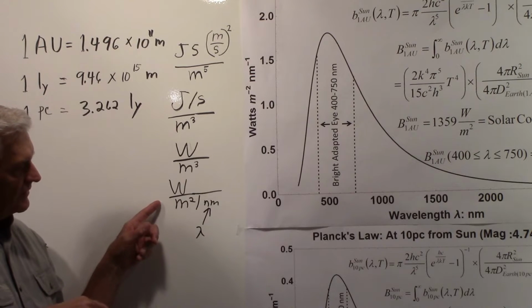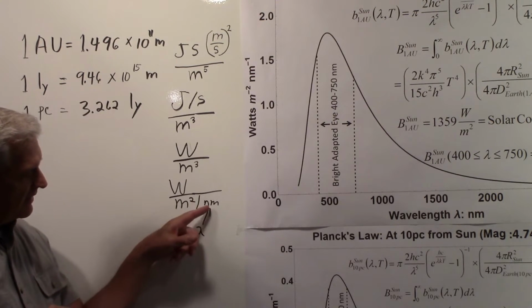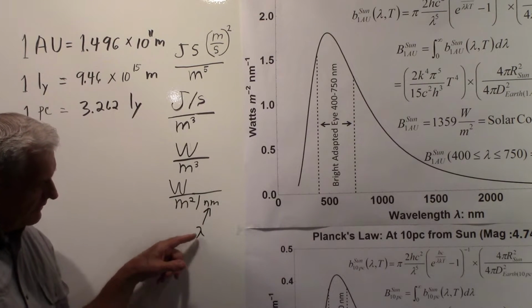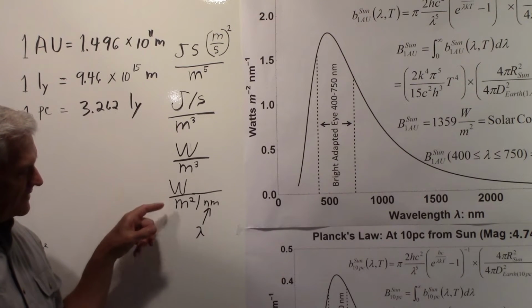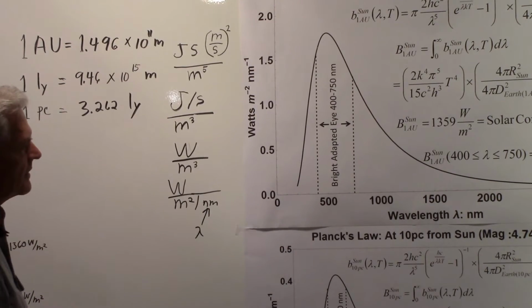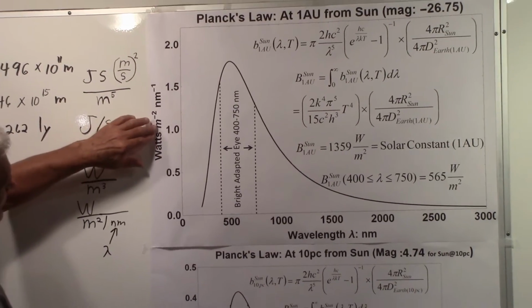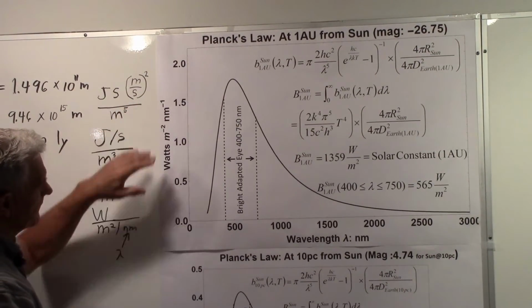And what I like to do is, instead of having the wavelengths in terms of meters, I like to have it in units of nanometers. So I'm showing the wavelength in units of nanometers, so I have watts per meter squared per nanometer. So that's the units on this side, watts per meter squared per nanometer.